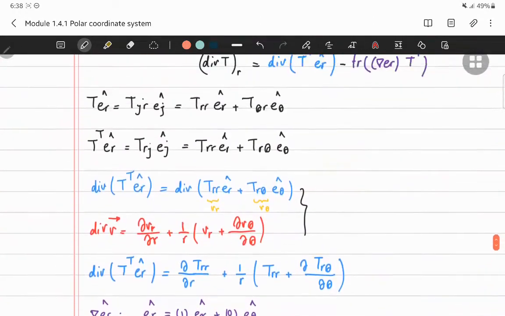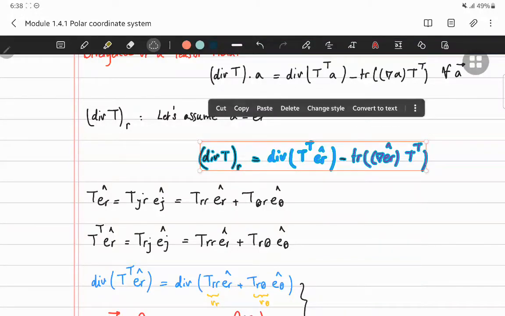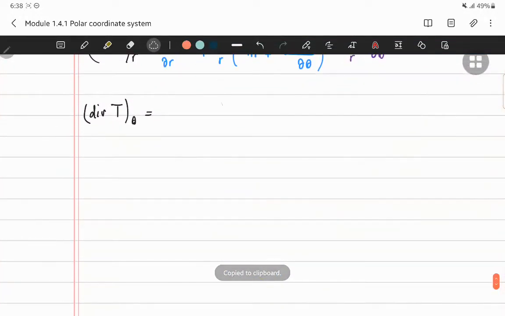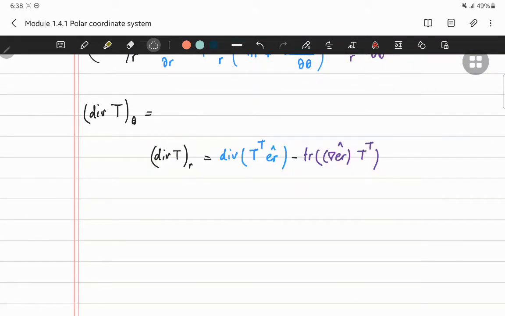So what I get is this, basically. Copy this, paste it here. So I have the divergence of T transpose e_θ minus the trace of del e_θ T transpose.